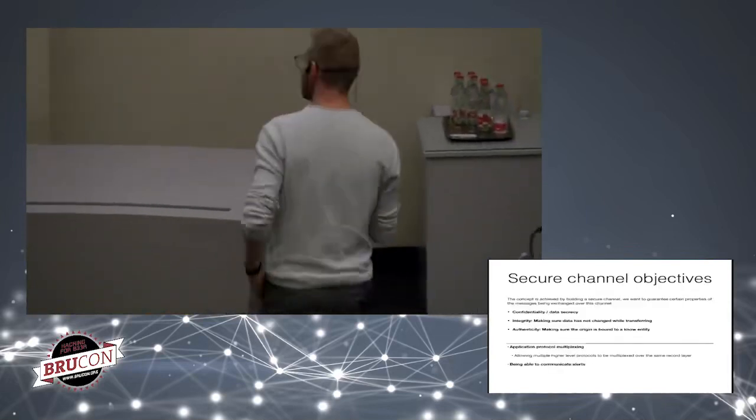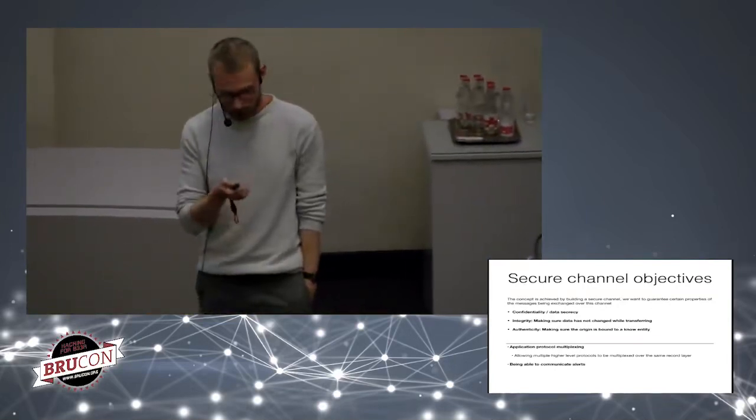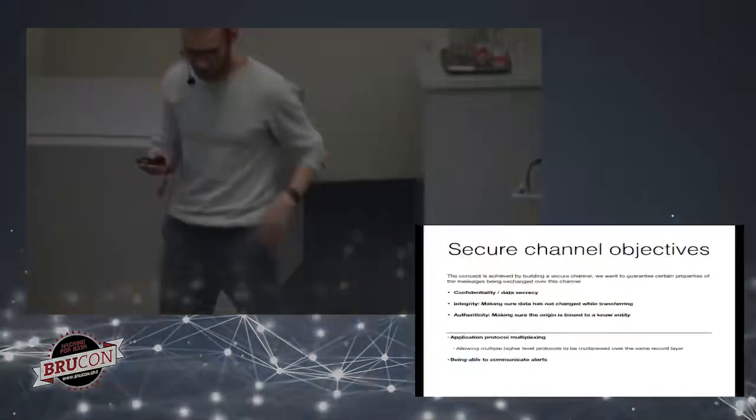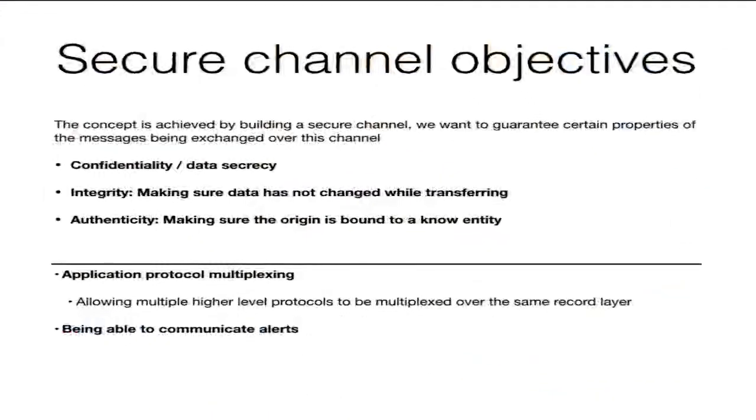So what is the goal of this channel, if you will? As I said earlier, we want the data which is being exchanged over this link, over this channel, to have confidentiality. We want to make sure that the data being exchanged over that link is kept secret, that no one who is not allowed to see it, to read it, can actually read it. That's one.